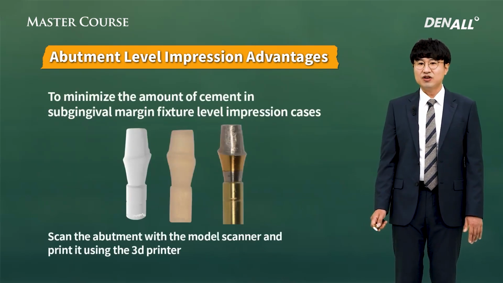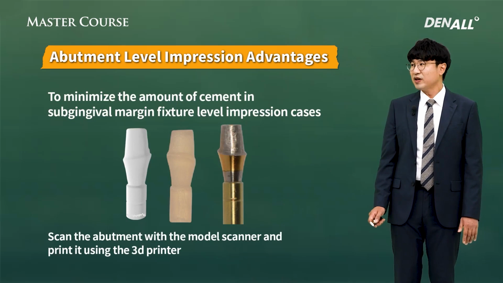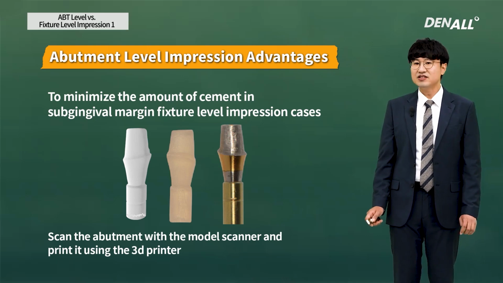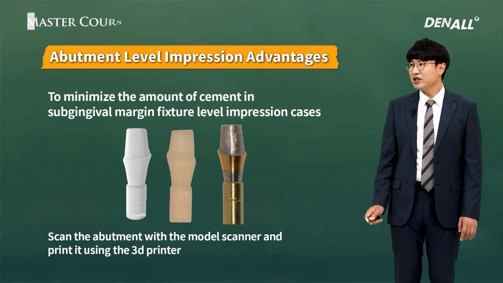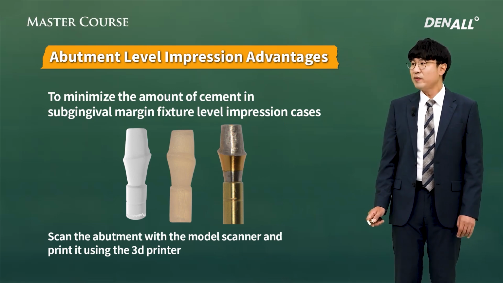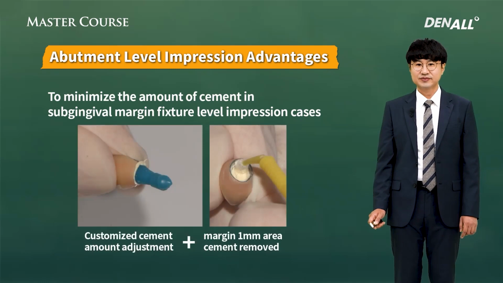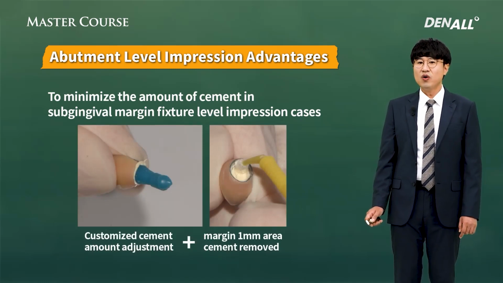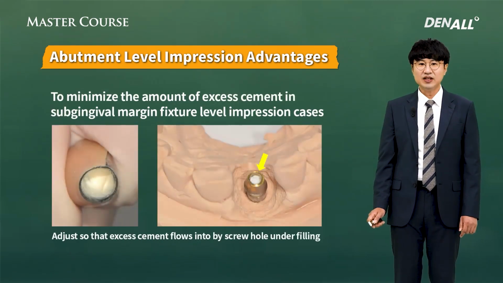For me, in the upper anterior side, a subgingival margin fixture is inevitable, and because of the screw hole direction, a cement type prosthesis is the only choice. So you have to think about minimizing cement spillover. After scanning the abutment, I asked the lab for a die created through a 3D printer. On the 3D printed die, cement is pushed out and the cement at the margin area is removed.